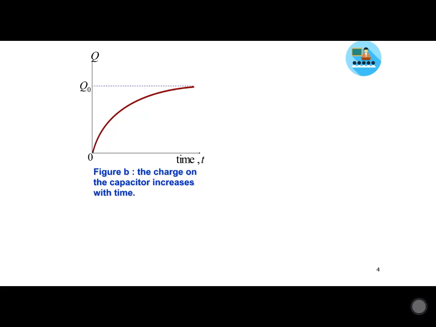There is no current flow, and so we will have an increasing QT graph, and this gives us a charging equation, which is Q equals Q0 bracket 1 minus exponential negative t over RC. And this is the equation of charging of a capacitor.